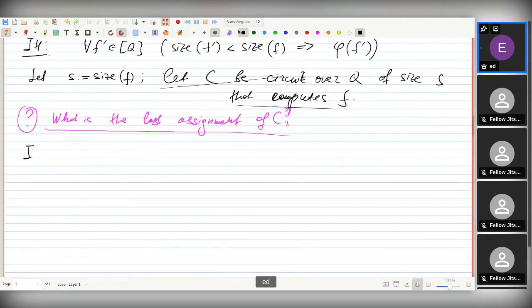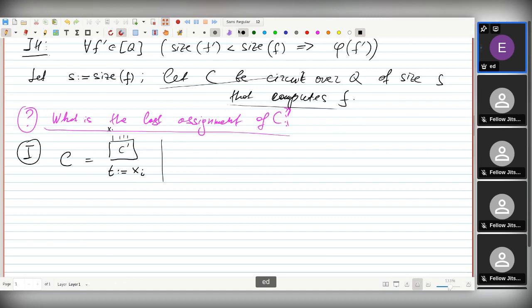Okay. The first case. In the first case, the very last assignment was of the following form: t assigned to be one of our input variables. Is this idea clear? Yes.